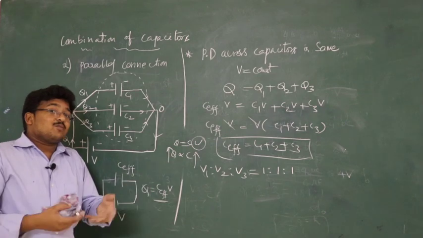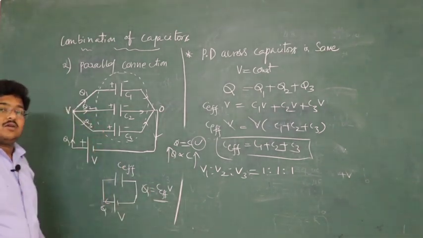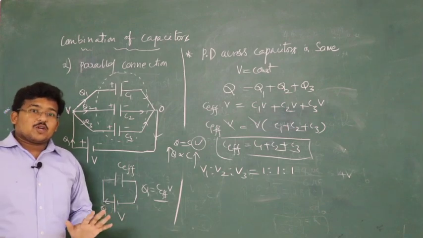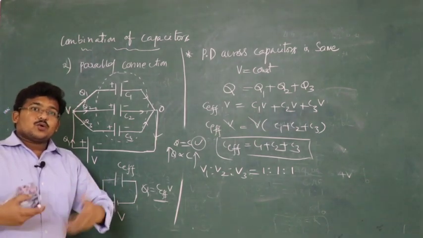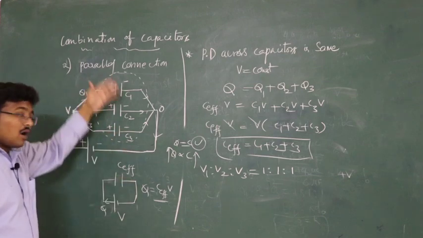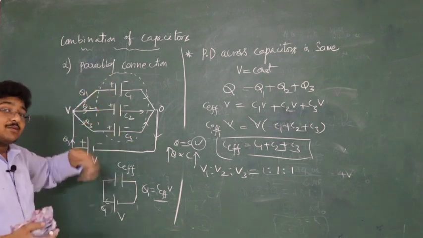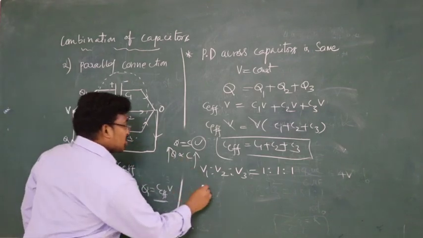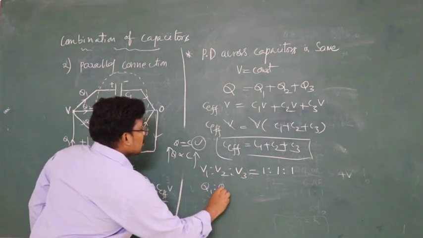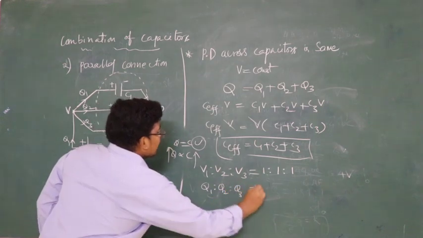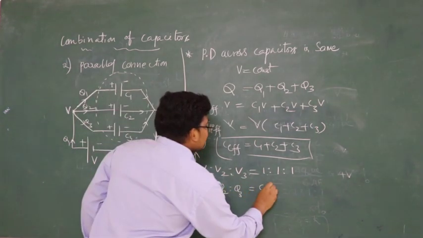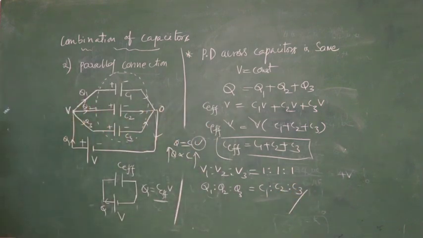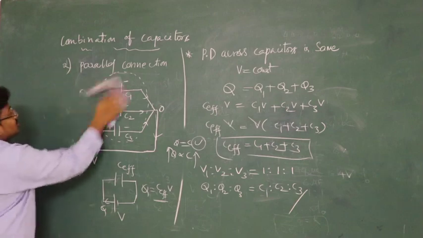The capacitor that has the more value will take the more charge. What is the meaning of capacity? At a constant potential, the ability to hold the charge. That is why, at same potential, the one which has more capacitance will take more charge. So the charge ratio Q1 is to Q2 is to Q3 is directly proportional to C1 is to C2 is to C3. Okay na? Right. Now we will see one example based on this.